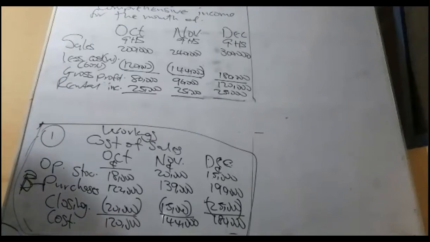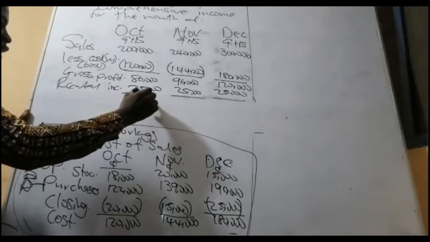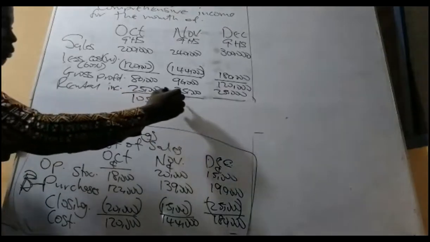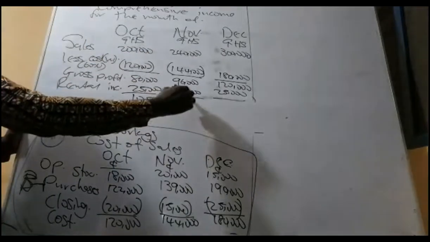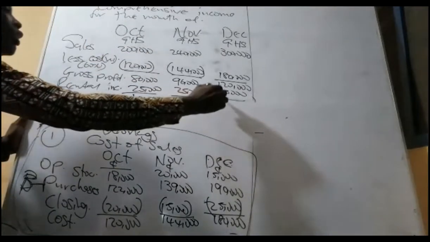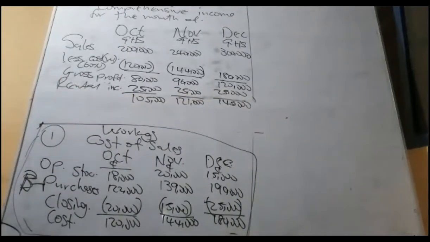Putting it together, so 105,000. That's the total income. So that is the answers. Great.